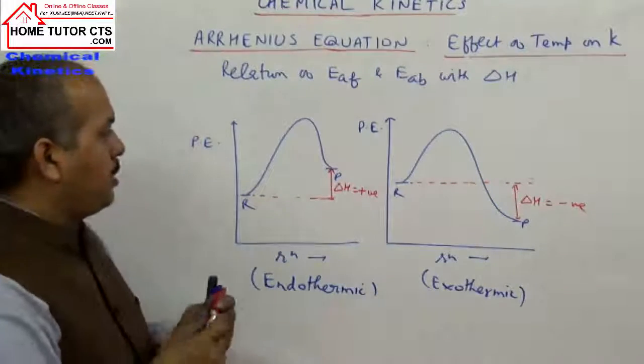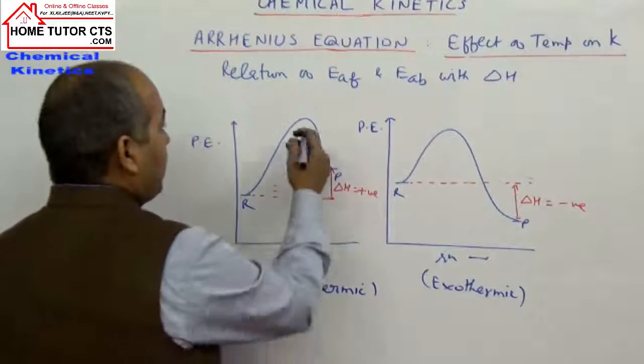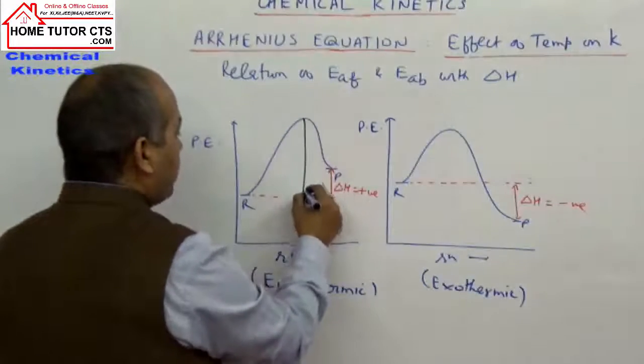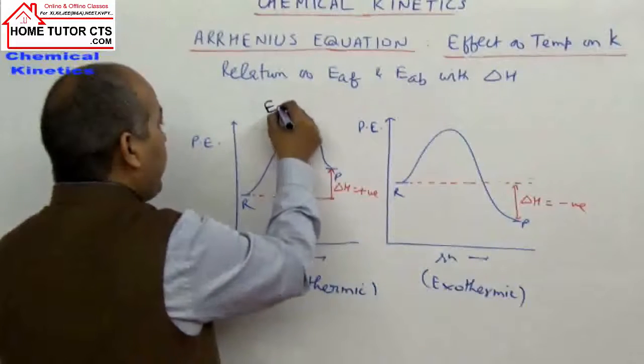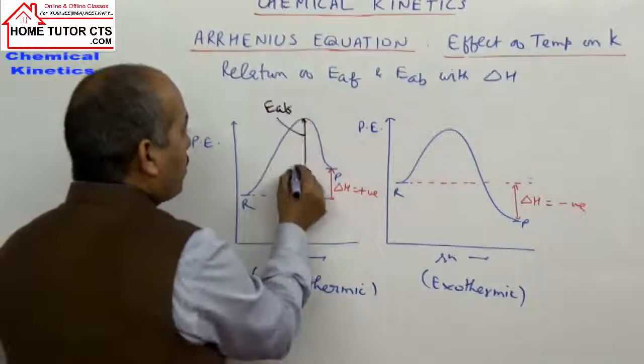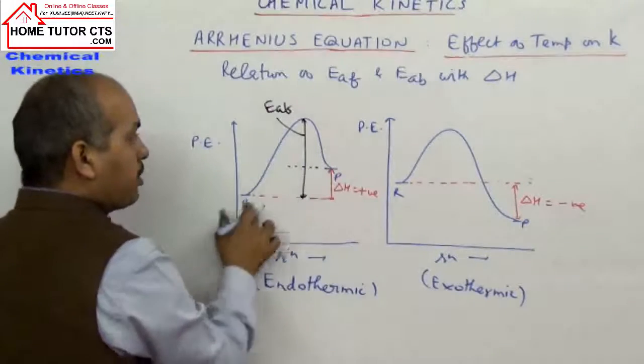Now in either case, we have two directions. One is the forward direction. For the forward reaction, the activation energy I write as EAF. While for the backward direction, it behaves as reactant and this behaves as product.